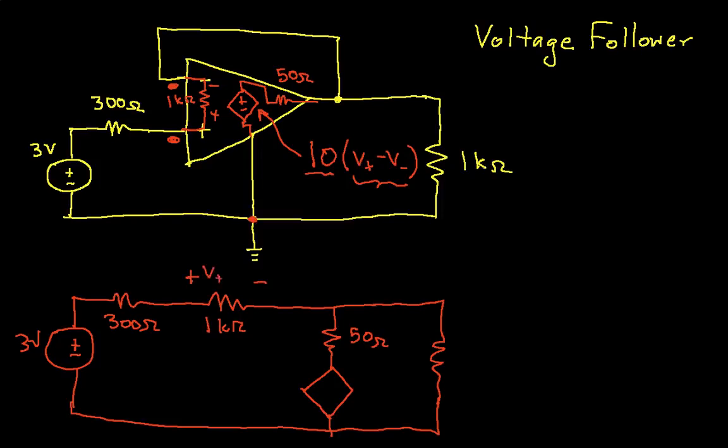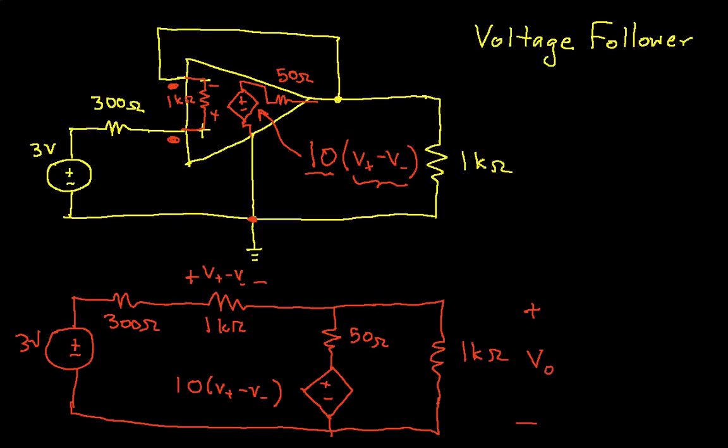This is again V plus minus V minus, and this is going to be 10 times V plus minus V minus. If you feel the need at this point, you might pause the video to make sure that I've drawn this correctly. Well, I forgot the 1 k ohm. And the thing we're actually interested in here would be the output voltage of the op-amp.